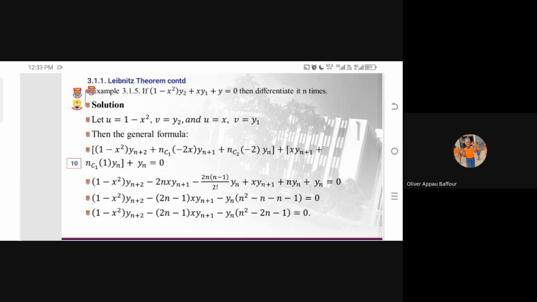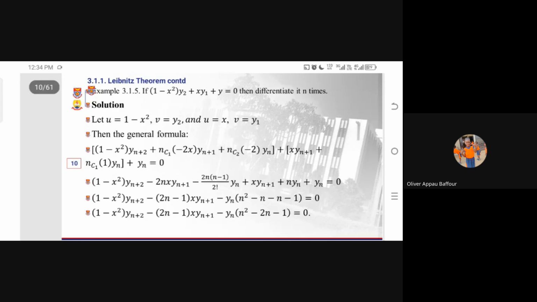Most of the time we make the function that can be easily differentiated to be our u. For this particular function, the term that we can easily differentiate will be the x squared. So that is what we make our u, and the one that will be a bit complicated, we make our v. The one that is easily differentiated will make our u, and the complicated one we are making our v.